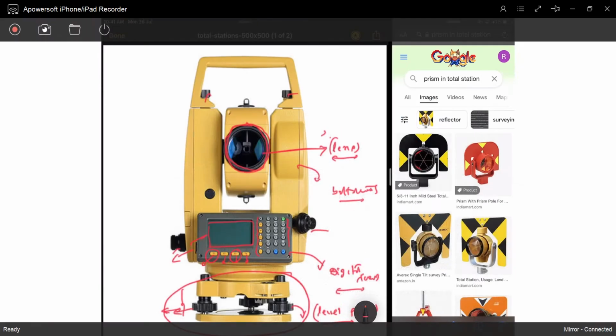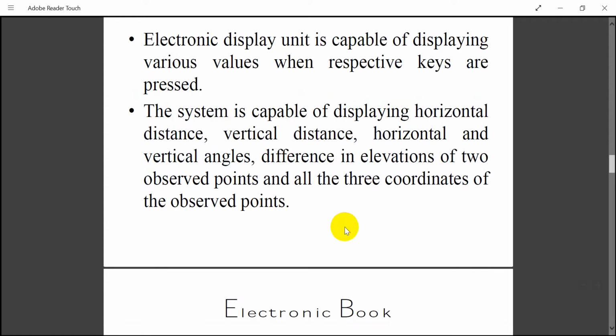We will see. The system is capable of displaying horizontal distance, vertical distance, horizontal and vertical angles, difference in elevations of the two observed points, and all three coordinates of the observed points. Everything you require, it will give.